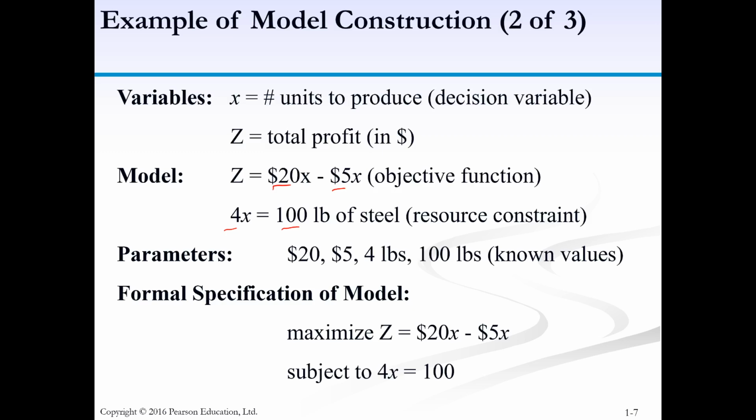And X is the decision variable which we need to find out. So this problem is again written in a formal way: maximize Z equals 20X minus 5X subject to the constraint 4X equals 100.